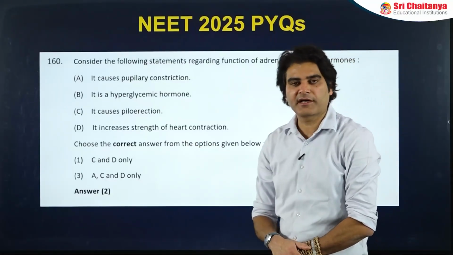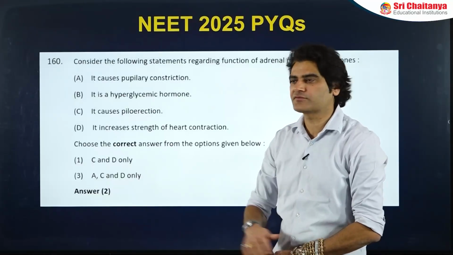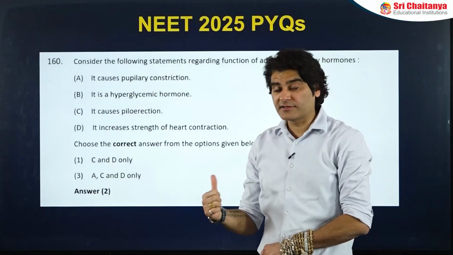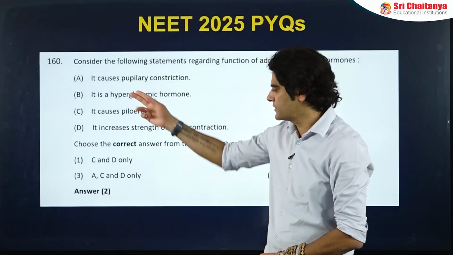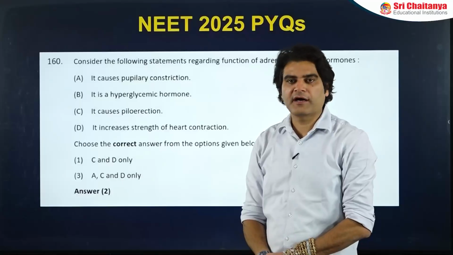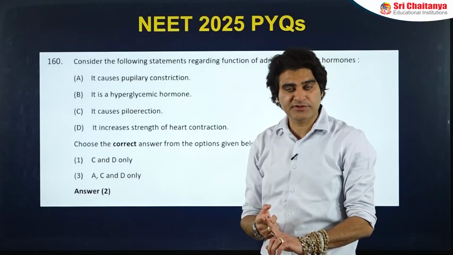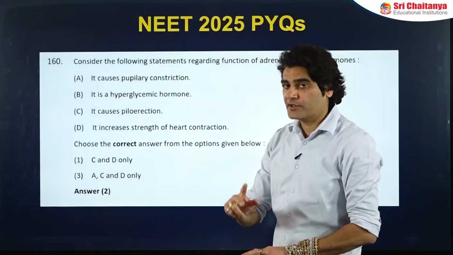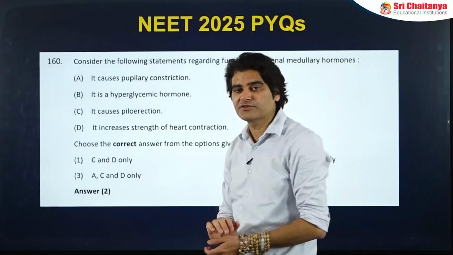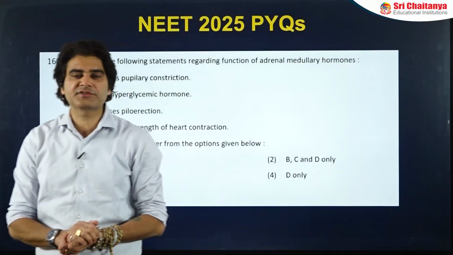One more tip that I would give you for solving such questions: whenever you look at questions which include multiple statements, rather than starting to read the statements, straight away jump to the last line and see what you have to do. What you have to do is basically find the correct or incorrect options, because if we just read the lines and then at the end realize what we were supposed to do, we have just wasted time.